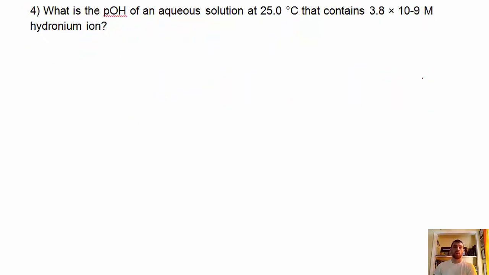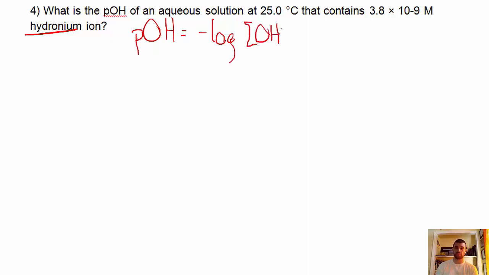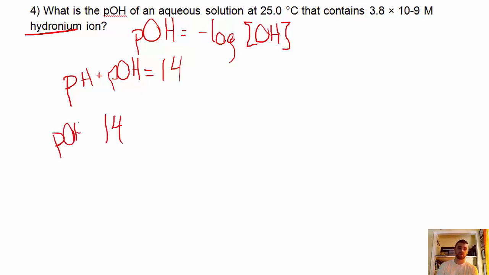So we take a look at number 4. It says, what is the pOH of an aqueous solution at 25 degrees Celsius that contains that much hydronium ion? pOH is pretty much the same thing as the pH except for OH. There's also another formula that's probably a little easier to use for this one: the pH plus the pOH has to equal 14. So if we're trying to solve for the pOH, it would just be 14 minus the pH.